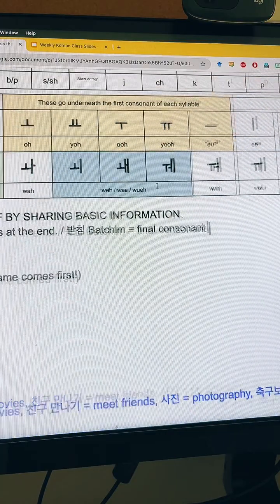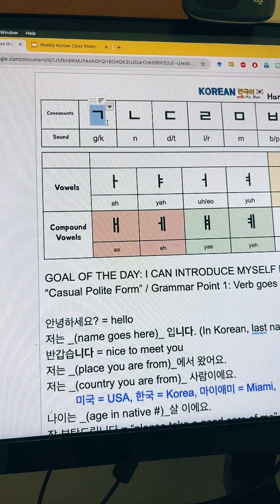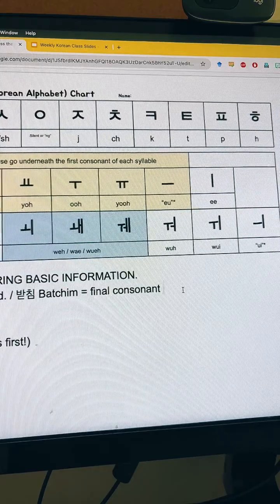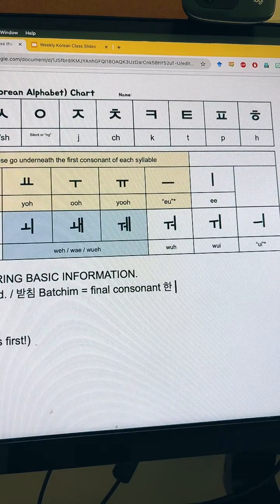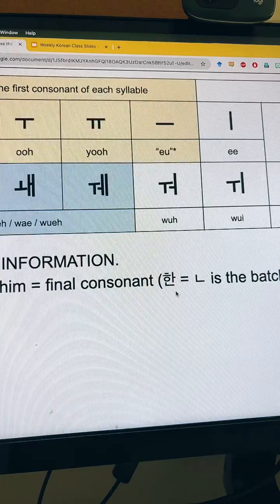So in Hangul, like all these Hangul letters, sometimes you can have a consonant at the bottom of a syllable. That's a 받침. So for example, the word 한, the N sound is the 받침. Does that make sense? 네.